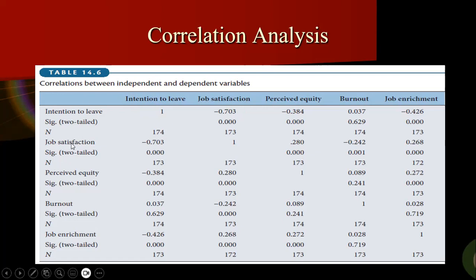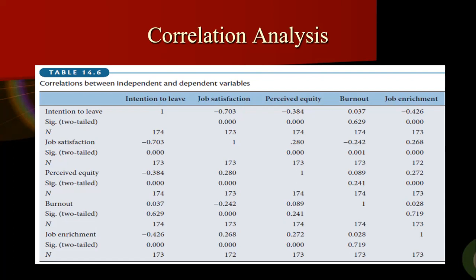If we go to the next pair, job satisfaction and intention to leave. This pair has a correlation coefficient of negative 0.703. So this value is less than 0. That means job satisfaction and intention to leave has negative relationship.